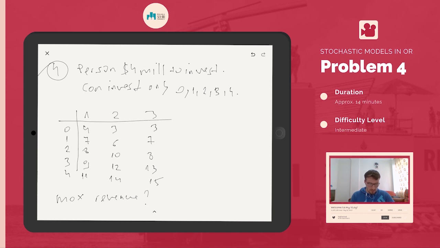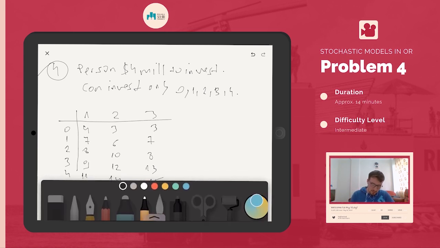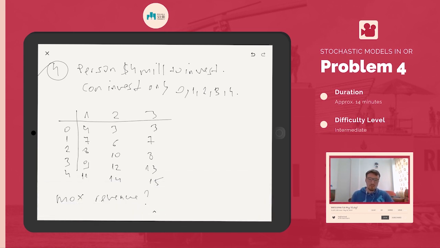And in this question, we have a person who has $4 million available. We know that this person can only invest 0, 1, 2, 3, or $4 million for the sake of the simplicity of the problem. And we are given a table in which we see the amount of return if you invest a particular amount of dollars.